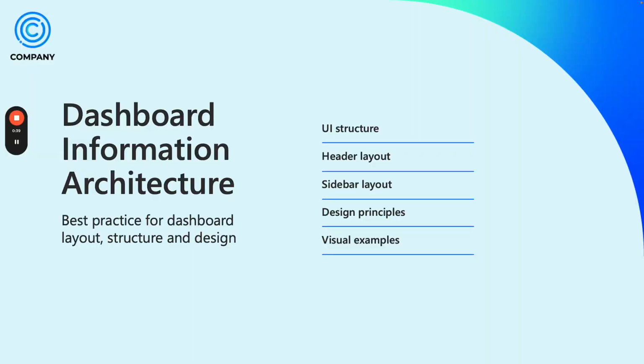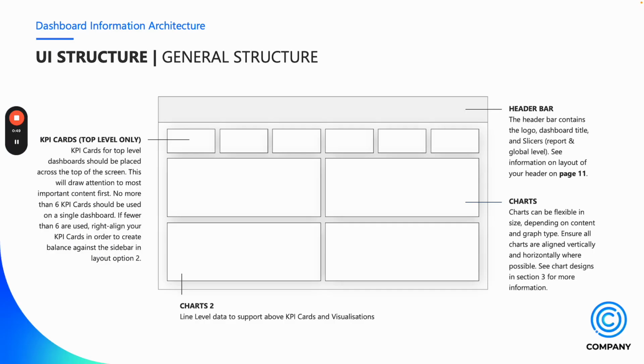So firstly, we recommend adding a section on information architecture. This covers the structure and layout of your dashboard and report templates. You can start with a basic wireframe that presents ideal placement of various items on the interface, such as KPI boxes and other charts.